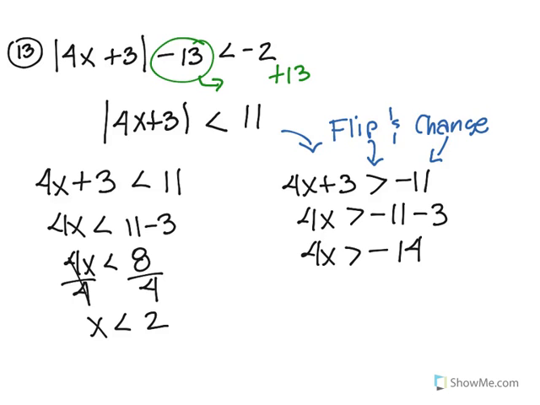And that will give us, what, a negative 14. Same sign, we're going to add. Divide by 4. X is greater than negative 7 over 2. Make sure you reduce negative 14 over 4. That can be reduced by 2.